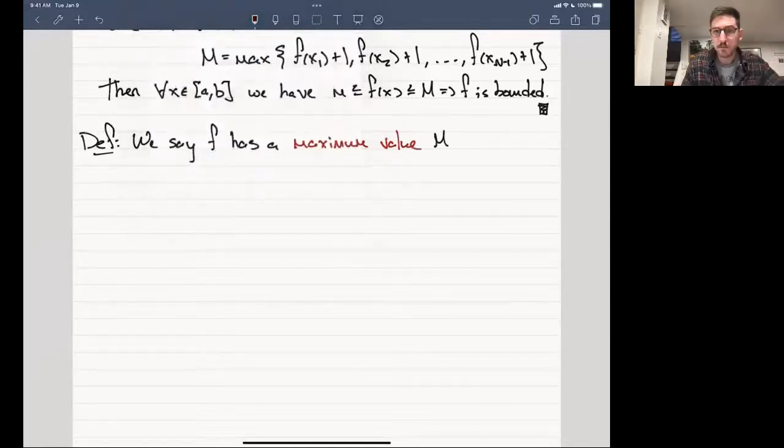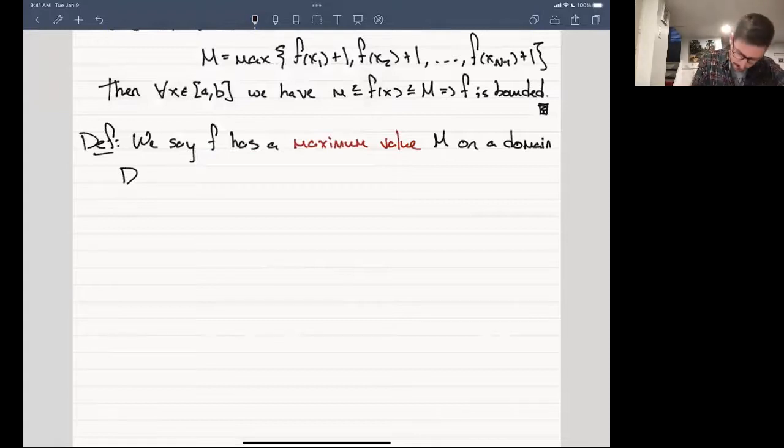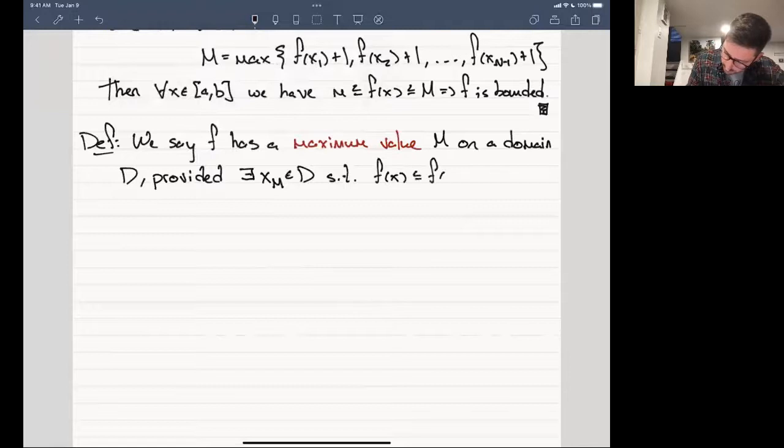M stands for maximum, capital M at least, on a domain D, provided there exists x capital M in the domain such that f of x is less than or equal to f of x sub M, which is equal to your maximal value M, and that's for all x in the domain, right? So whatever you plug in x capital M, you get a bigger value at f than you would for anything else.